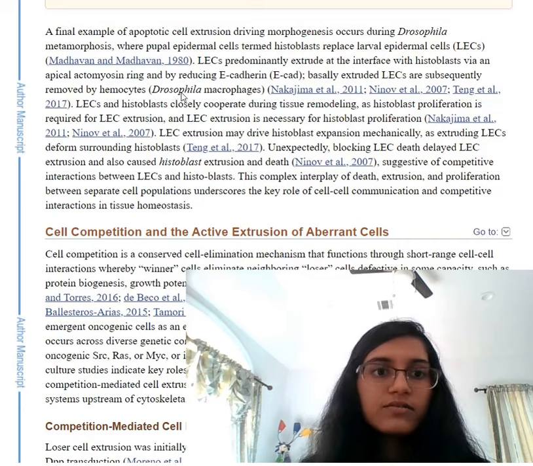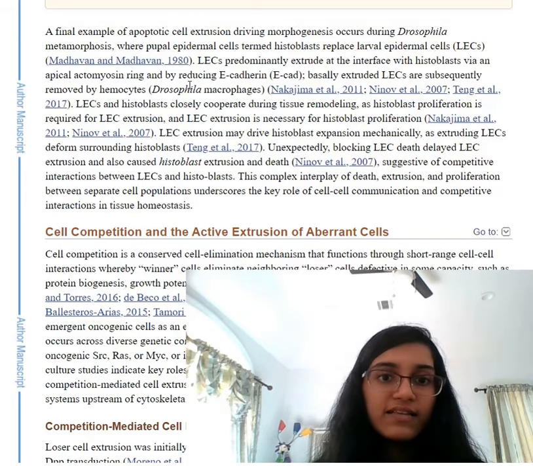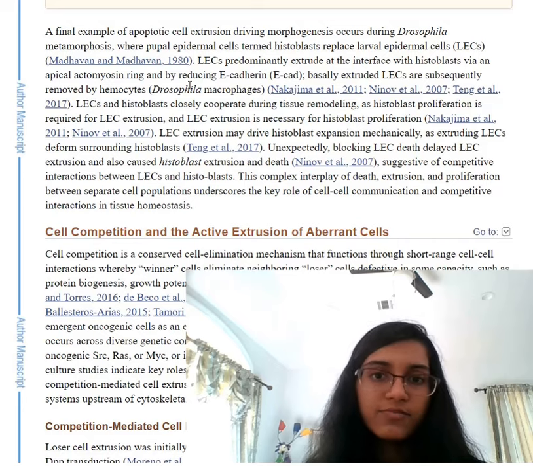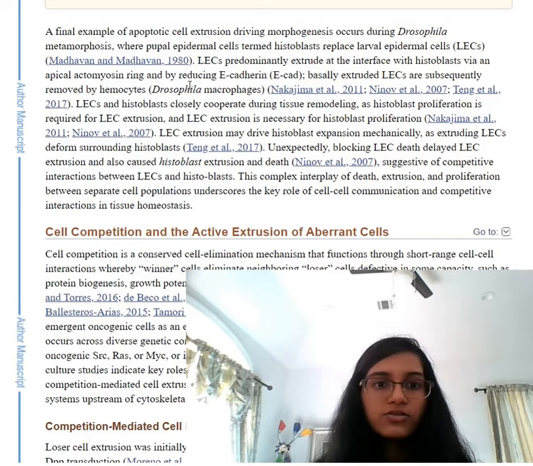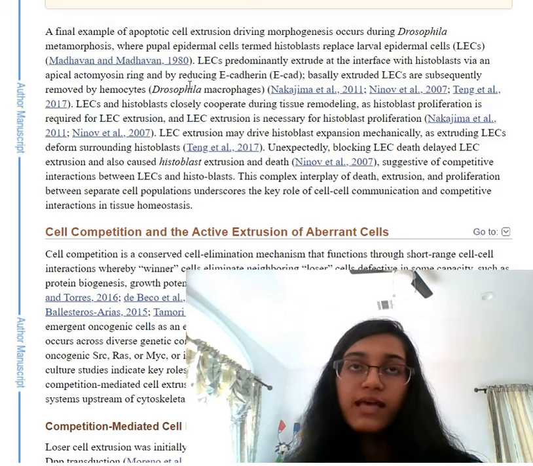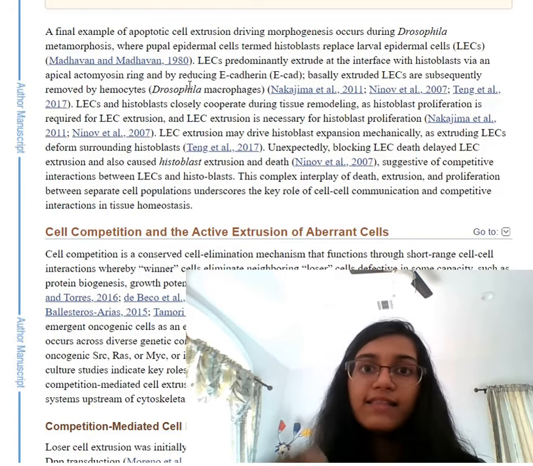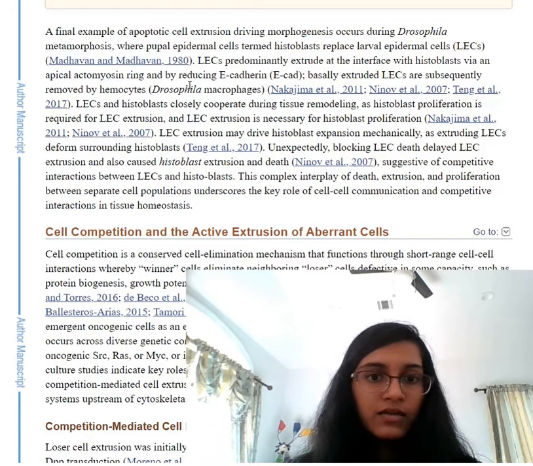LECs and histoblasts also closely cooperate during tissue remodeling, as histoblast proliferation is required for LEC extrusion, and LEC extrusion is necessary for histoblast proliferation. So in other words, histoblast proliferation and LEC extrusion actually go hand in hand.